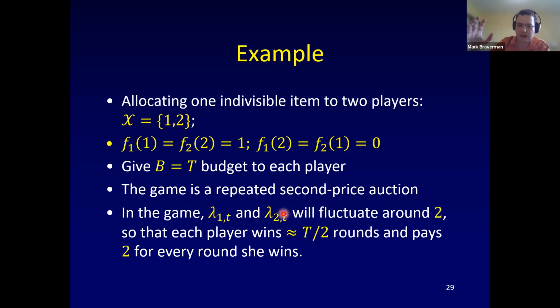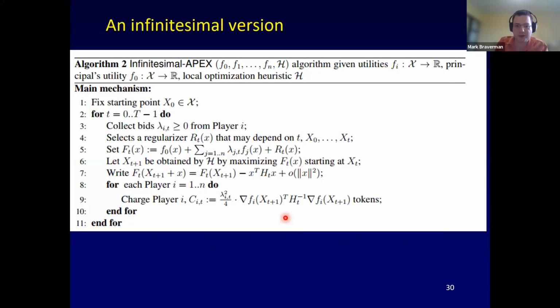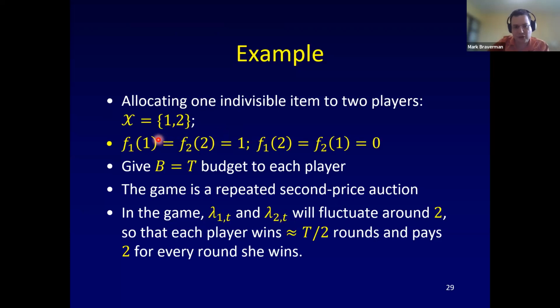And in a good equilibrium, the price will fluctuate around 2. So in half the rounds, one player will win the item, and in the other half the other player wins the item, resulting in an allocation that gives each player the item with probability half. Which is the only kind of reasonable allocation in this case.